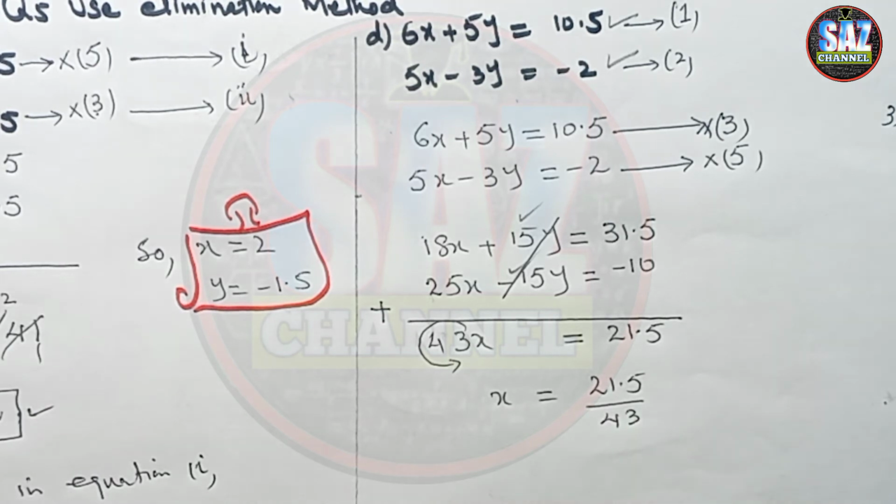Okay, divide 21.5 by 43. It will give me 0.5. So x will be equal to 0.5. 21 plus 21 is 42. Yes, it will be half. So the value of x will be 0.5.